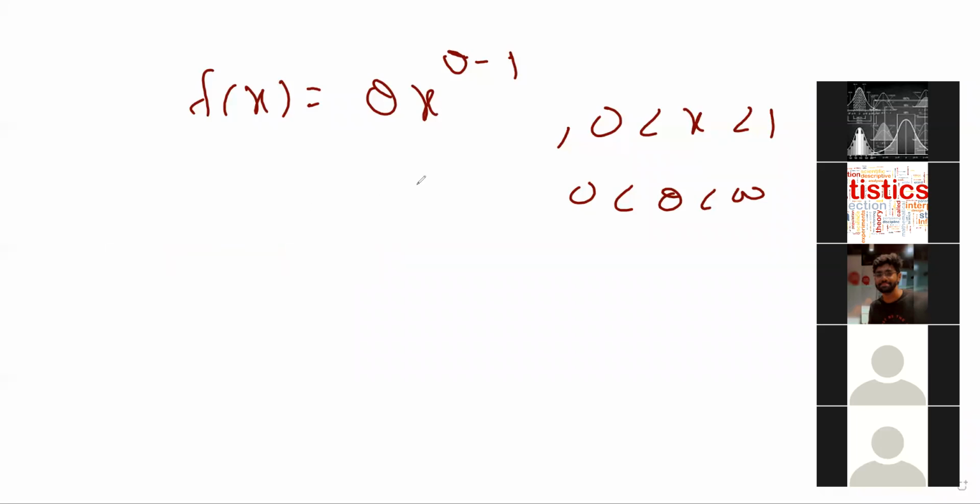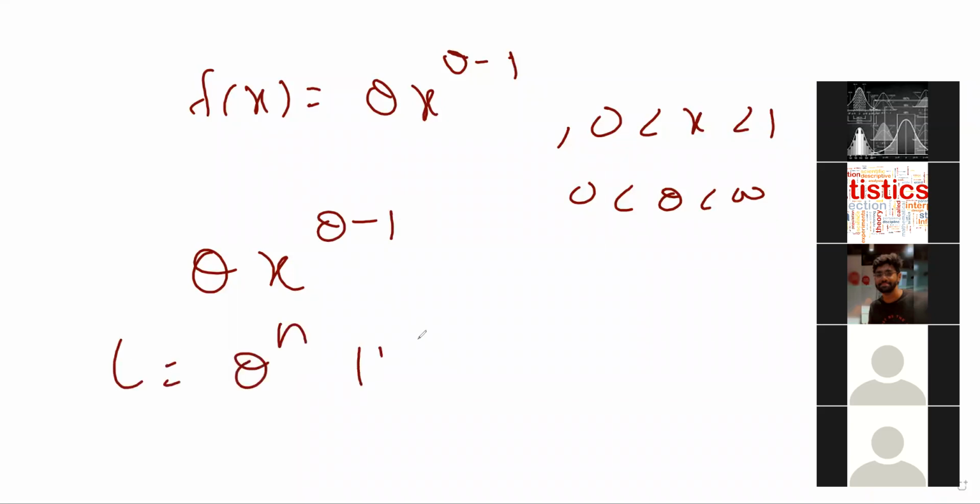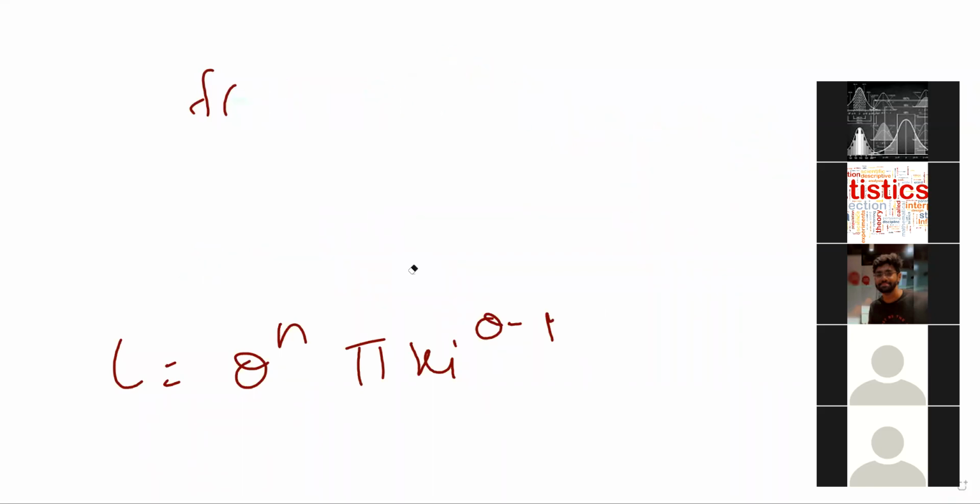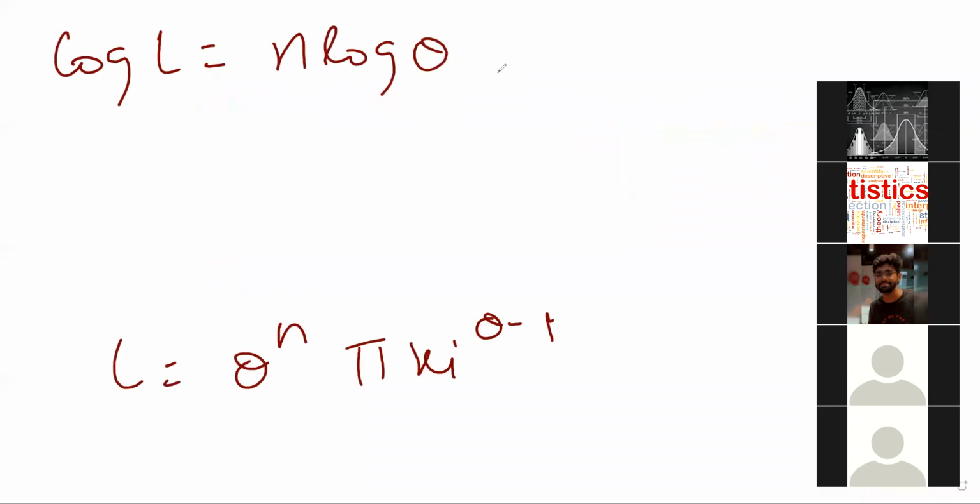The likelihood is the product of theta times xi raised to theta minus 1, so L will be equal to theta raised to n times the product of xi raised to theta minus 1. Then what will be log L? It is n log theta plus summation of (theta minus 1) log xi. Is it right?